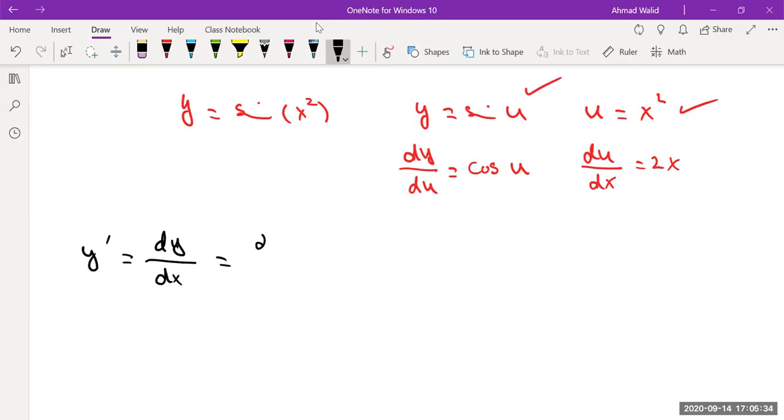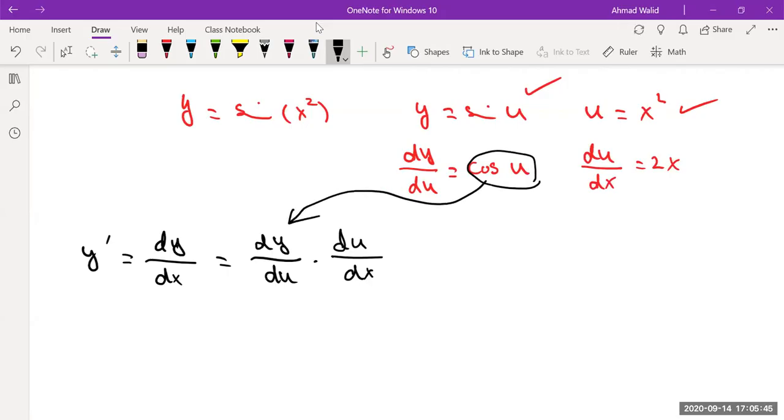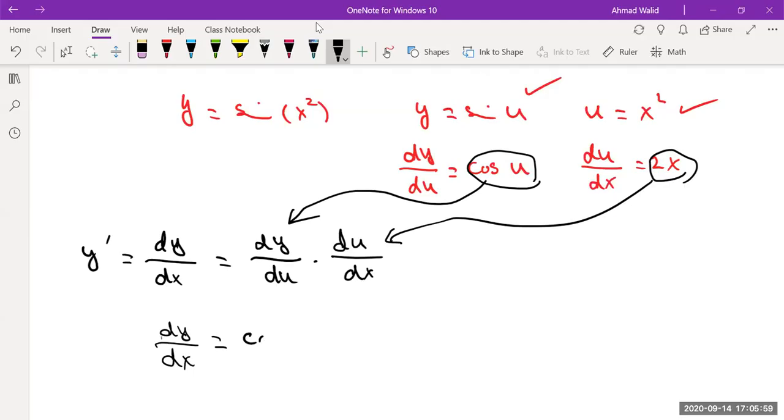Equals dy over du times du over dx. Bring these pieces here. Plug in this one here. Plug in this one here. Then dy dx, or y prime, equals cosine u times du dx, or du dx was 2x.